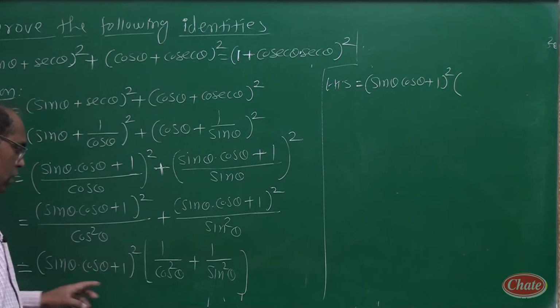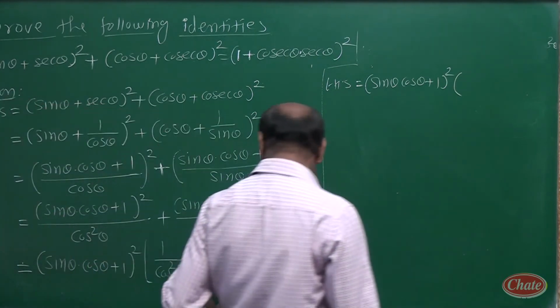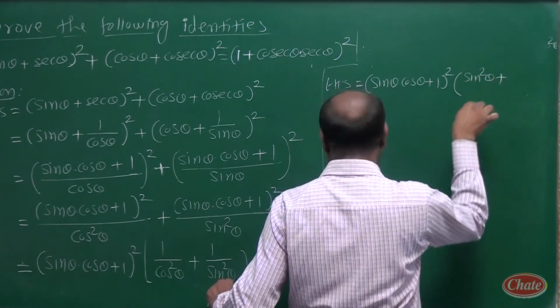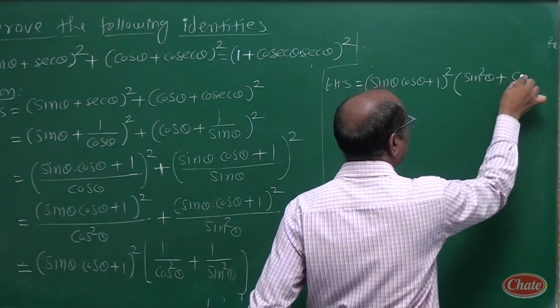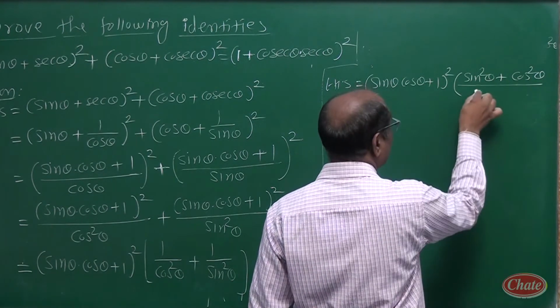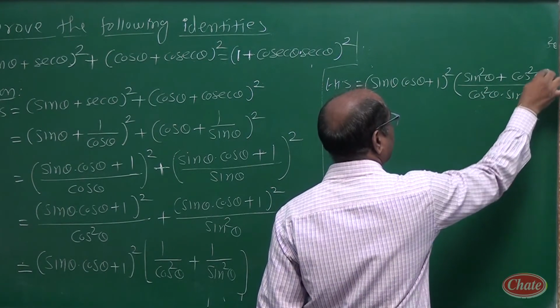Okay, now here we have to take the cross multiplication. If we take the cross multiplication, we get sin square theta plus cos square theta divided by cos square theta into sin square theta.